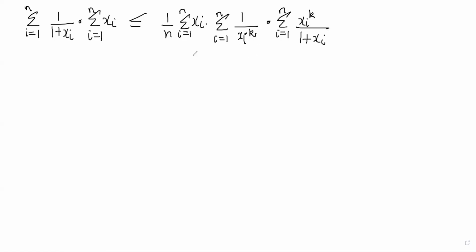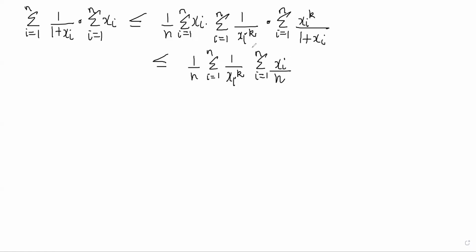So now we can write this as less than or equal to 1 by n summation i goes from 1 to n of 1 by xi power k, and I will introduce a summation i goes from 1 to n of xi by n.